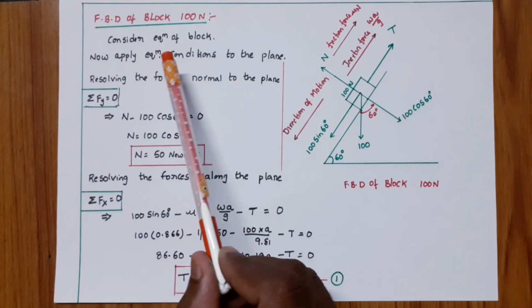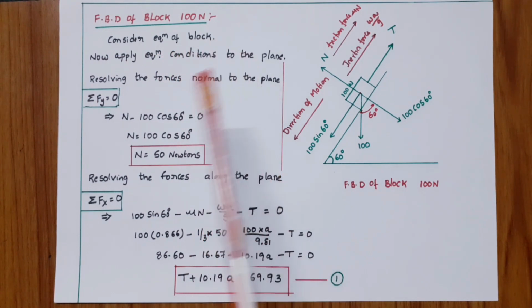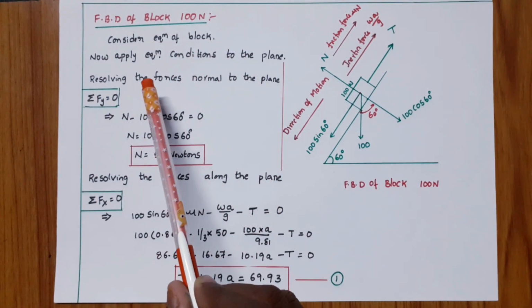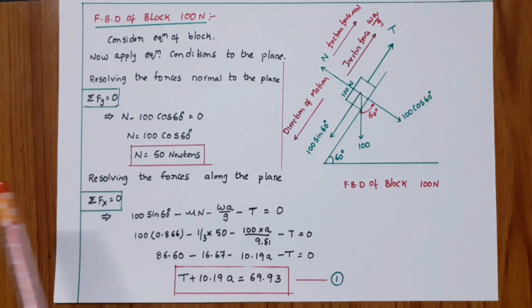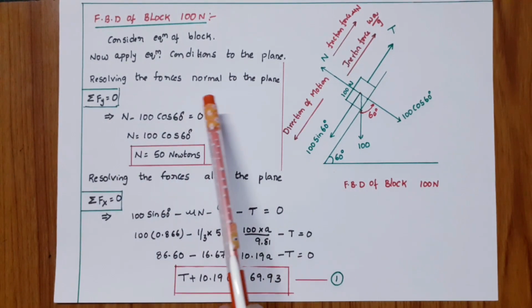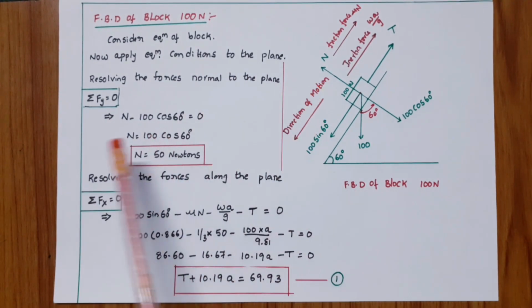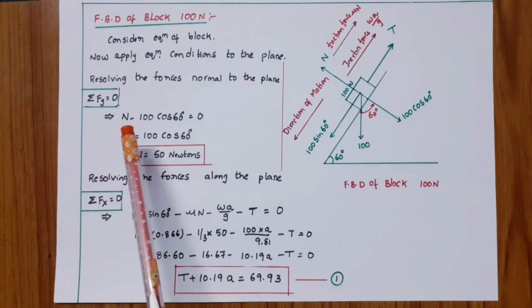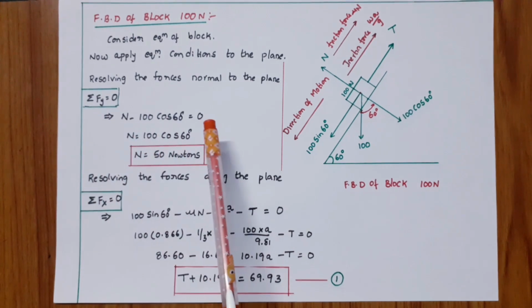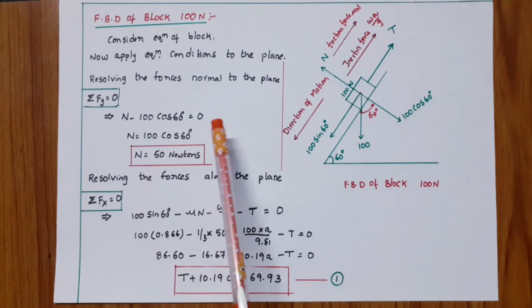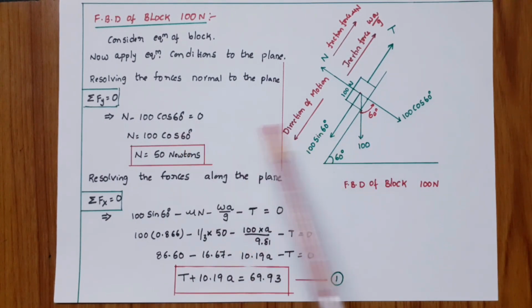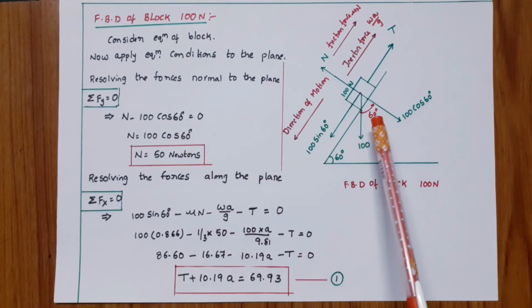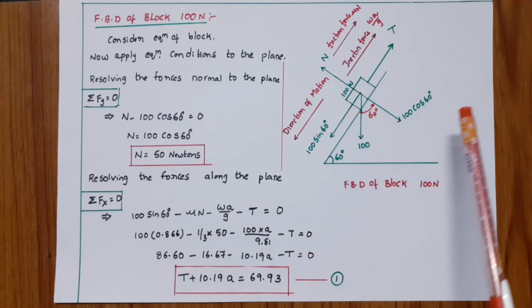Now consider equilibrium of the block. Apply the equilibrium conditions. First, resolving the forces normal to the plane. Sigma Fy equal to 0, the sum of the forces in the vertical direction is 0. The forces acting normal to the plane are N and 100 cos 60.